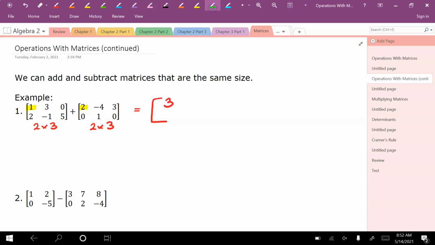Then I would do the same thing with the top. So the 3 in the middle and the -4 in the middle on the second matrix. 3 plus -4 is going to be -1. And then the last numbers in that top row, 0 and 3, we add those together, and we get 3. Okay, you guys do the bottom.